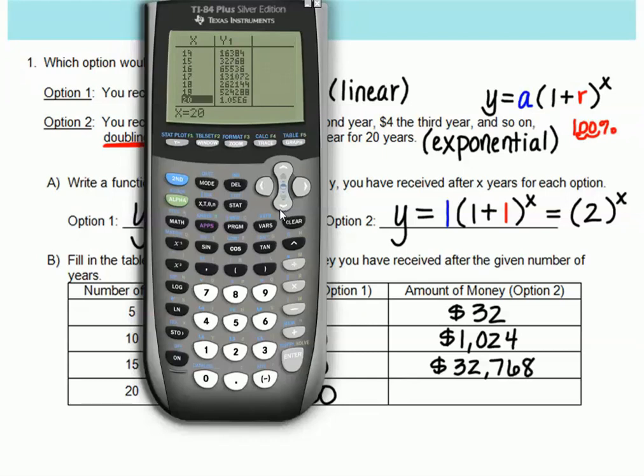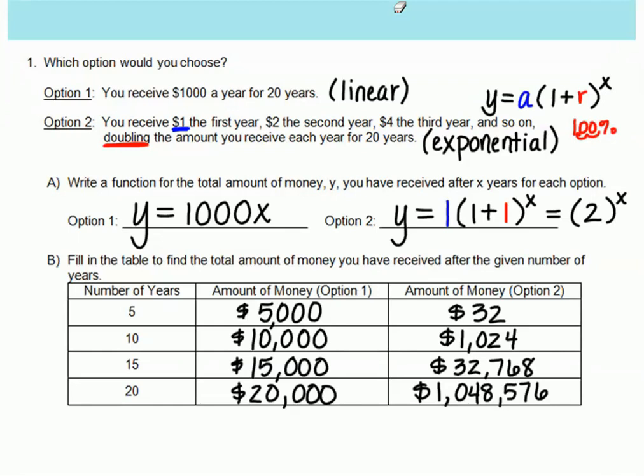And even crazier is that at 20 years, notice it goes to scientific notation because it's so big. But if we arrow over, we can see the actual amount is $1,048,576. So if you chose option 2, you would be in the lead by a lot of money.